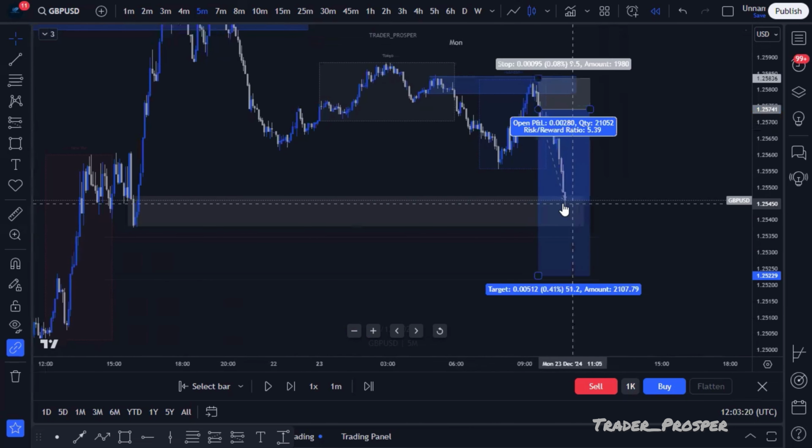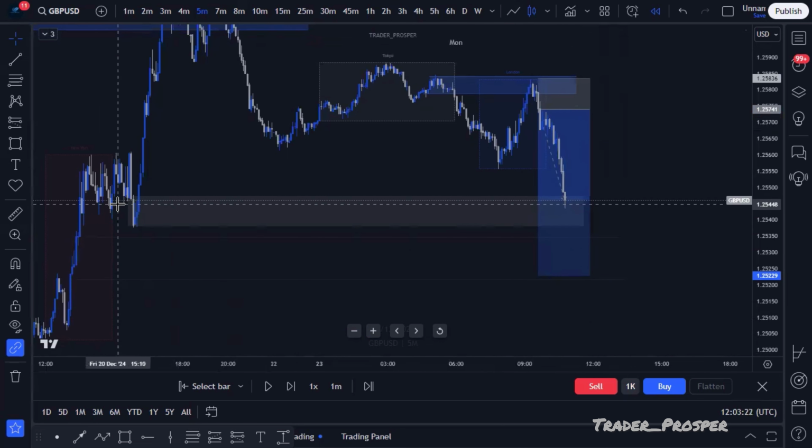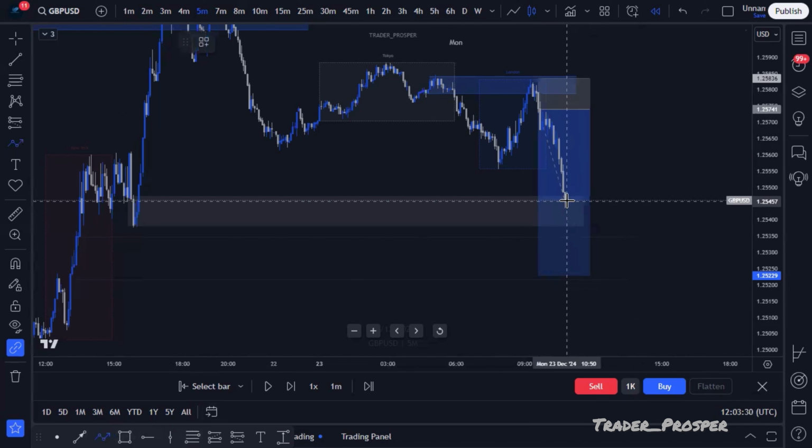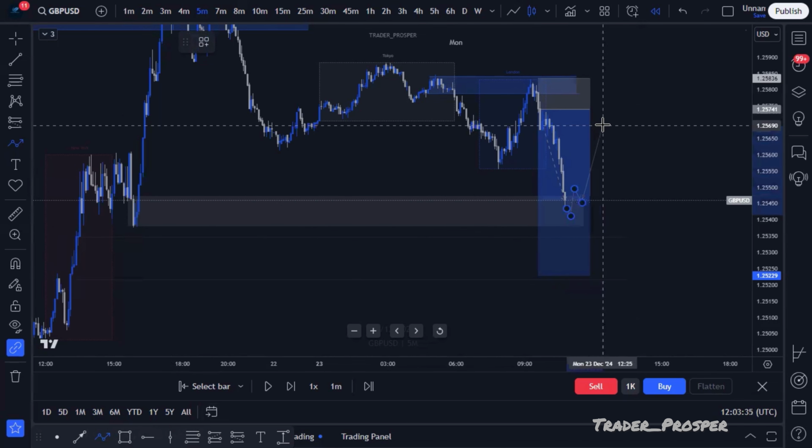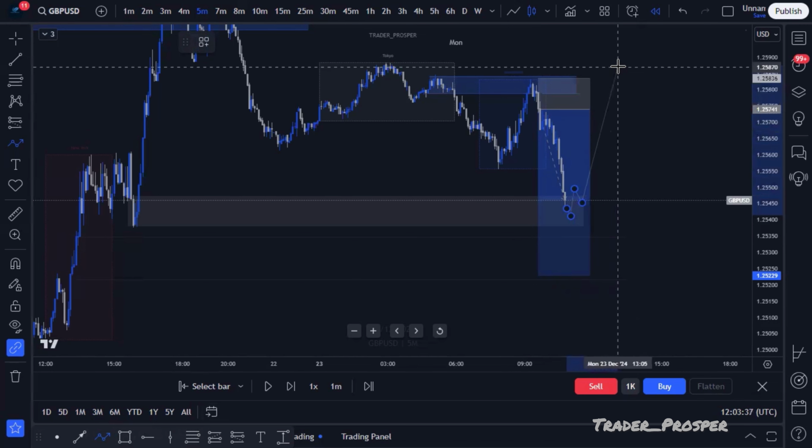Now price was already reacting, and it just mitigated this demand zone, which we will be careful at this point, because in most cases you can see something like this. Immediately it mitigates it, it can do something like this and retrace back to hit you out.